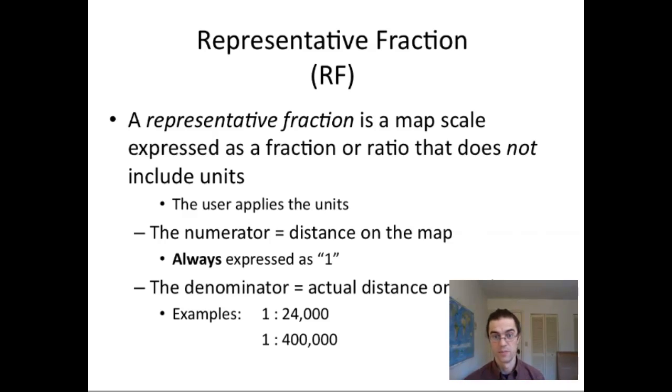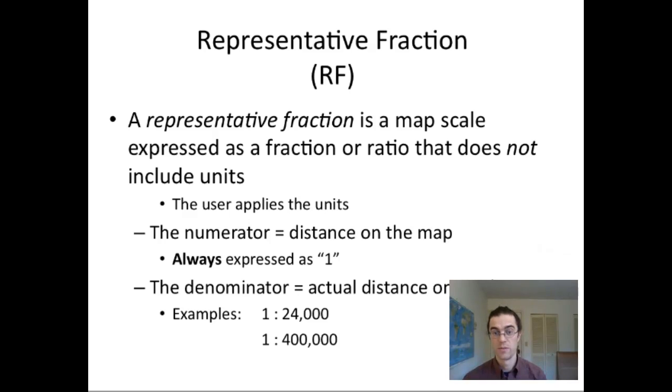Okay, so for example, 1 to 24,000, 1 to 400,000, and this is helpful for when you don't have to confuse yourself with inches, or with the imperial system or with the metric system. Just boom, is what it is.